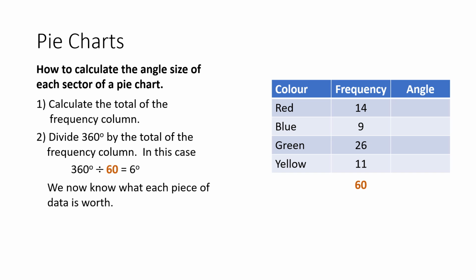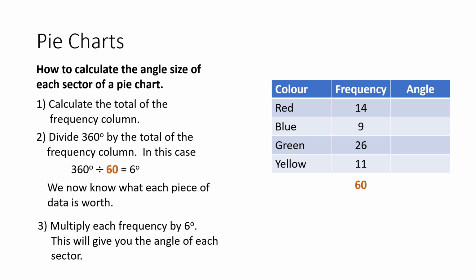We know that 14 people chose red, and if each piece of data is worth 6 degrees, to work out the total angle of the sector that will be shaded red, I need to multiply 14 by 6 degrees. This gives me 84 degrees, so the red sector is 84 degrees.